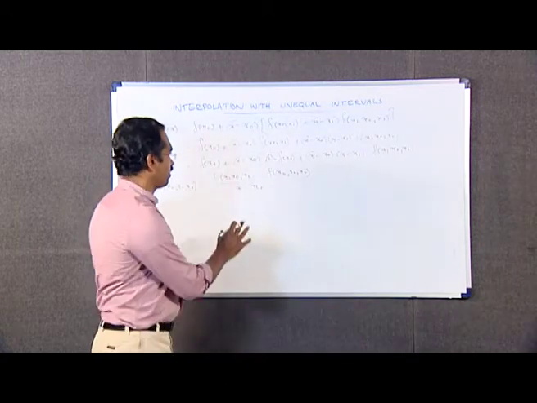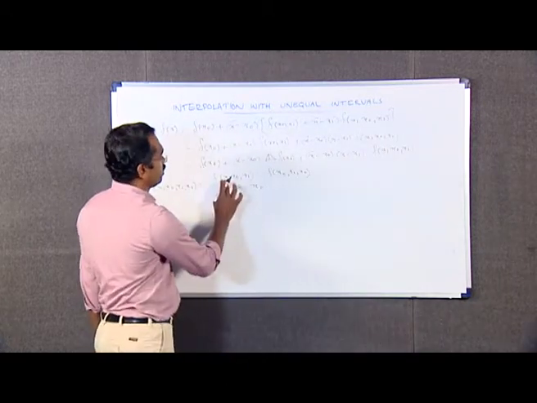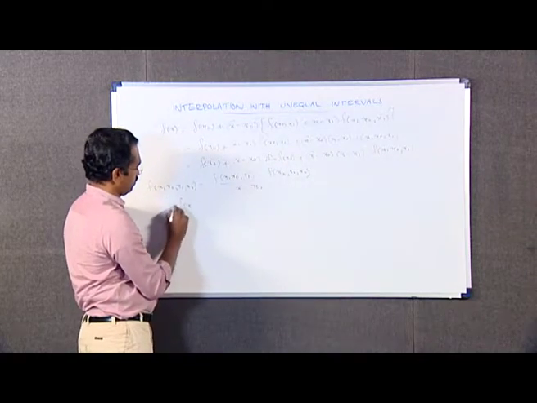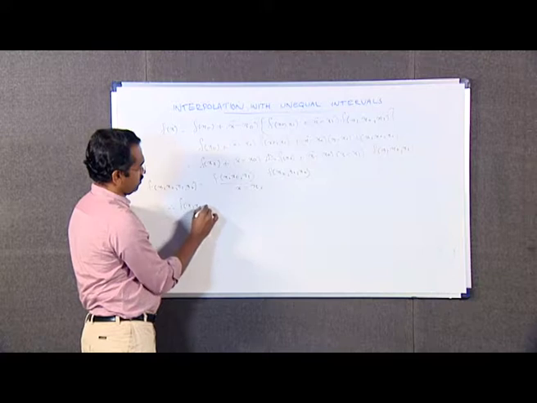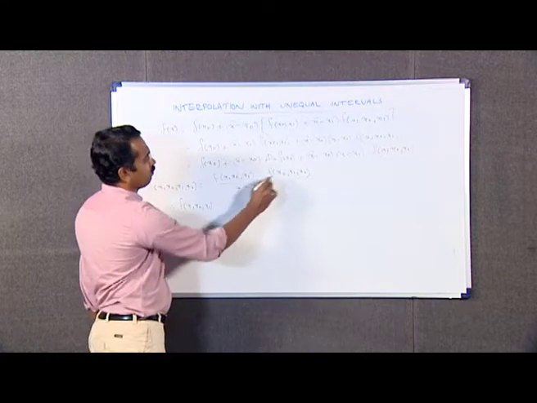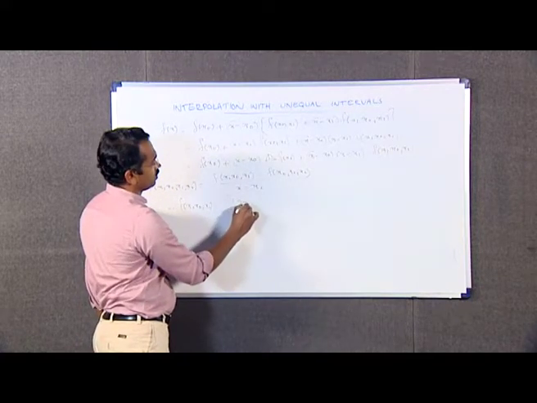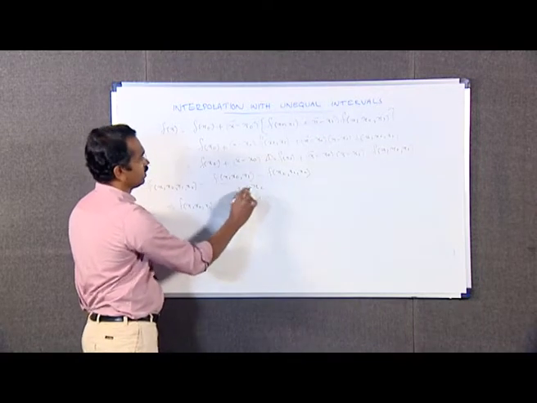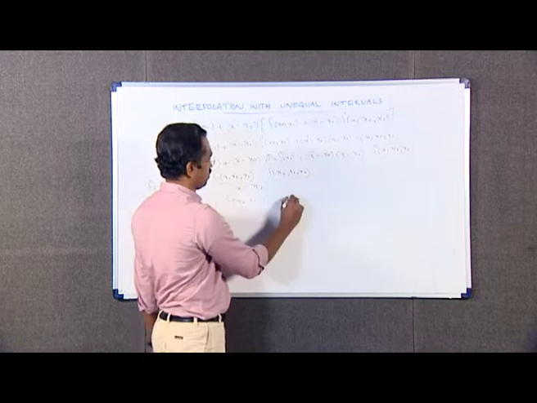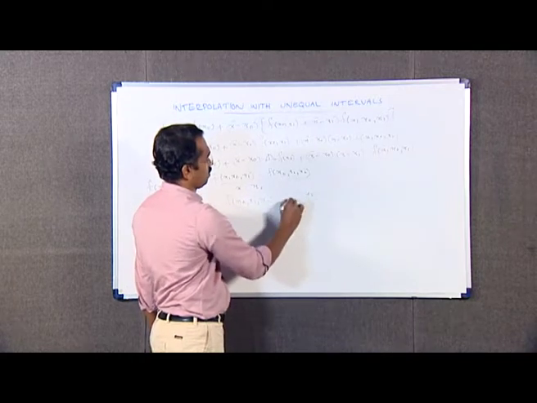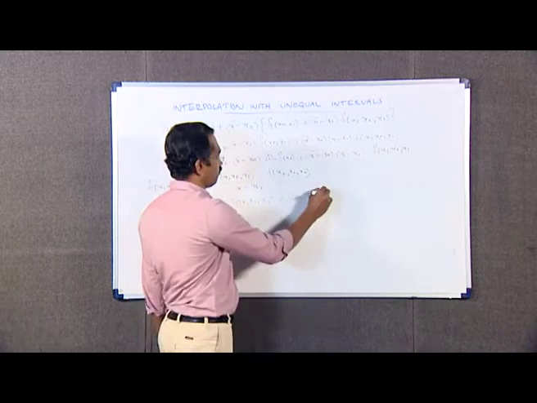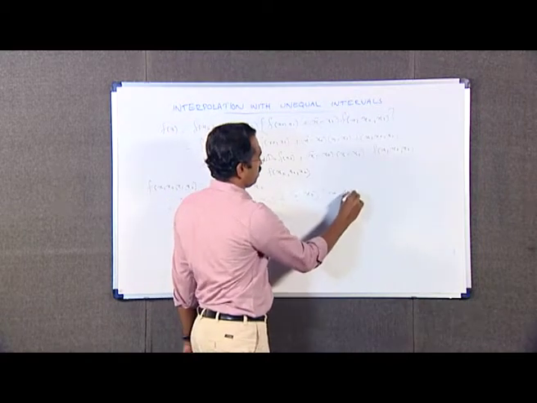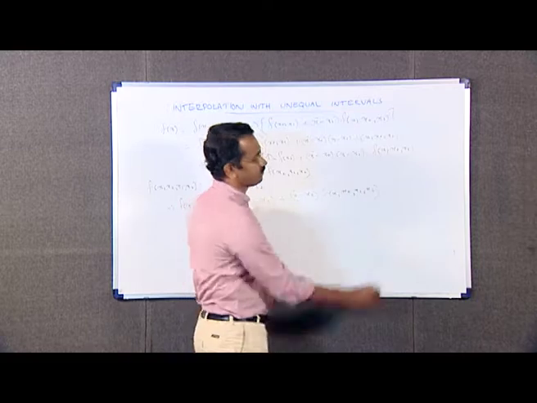Therefore, from this we can write f(x, x0, x1) as f(x0, x1, x2) plus (x minus x2) into this f(x, x0, x1 and x2).